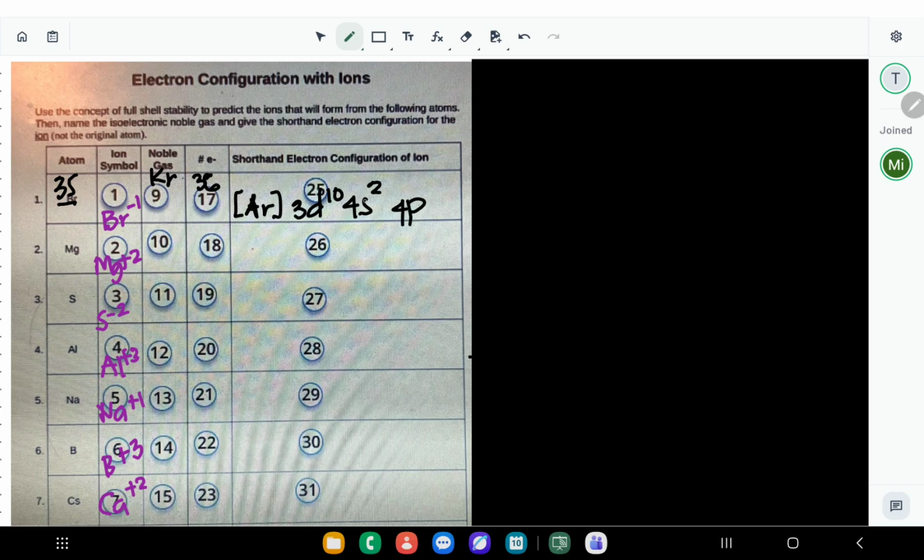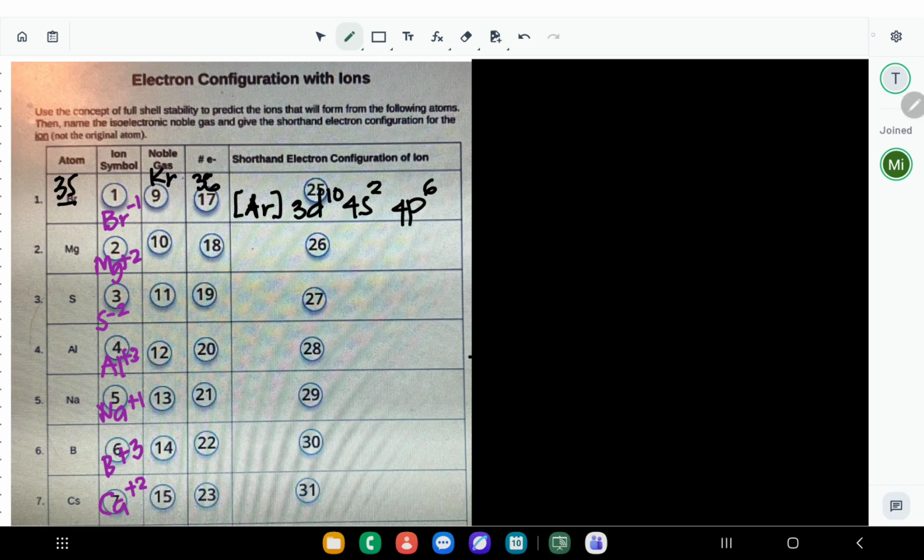So for s2, 12 plus 6, 18. That is the shorthand electron configuration of the bromide ion.